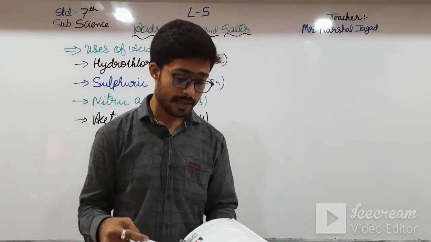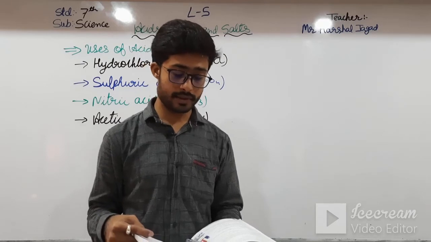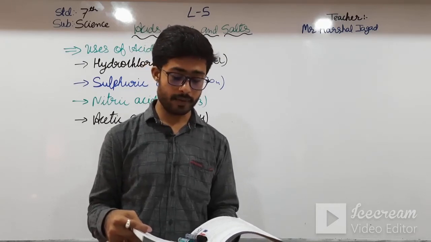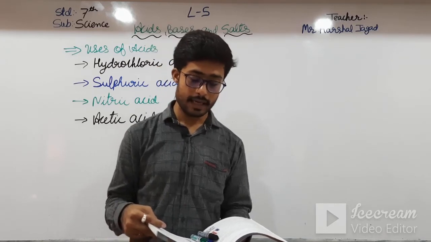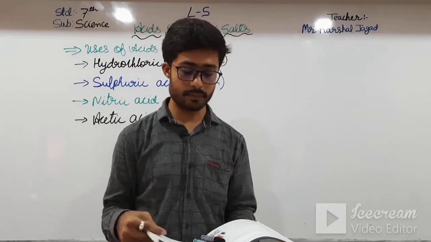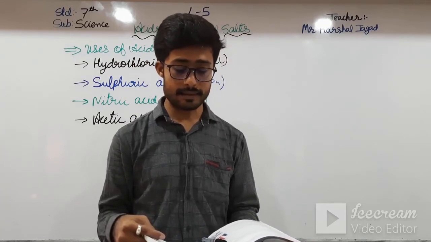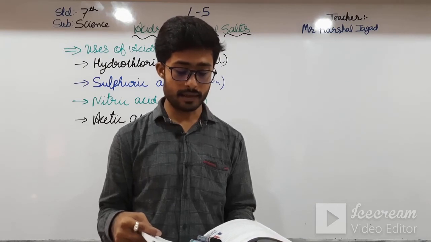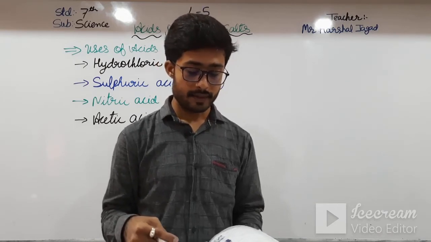The next use is that it is also used for preservation of various fruits and vegetables in the form of pickles, sauce and ketchup. It checks the growth of microorganisms within the preserves. Acidic conditions slow down the microbes' activity and can also kill them.